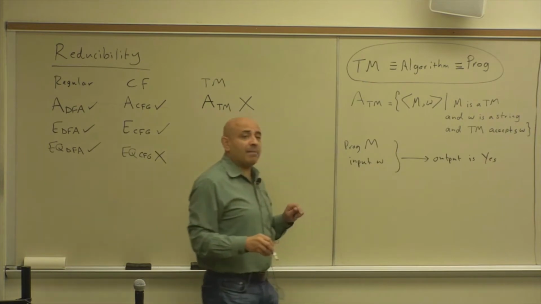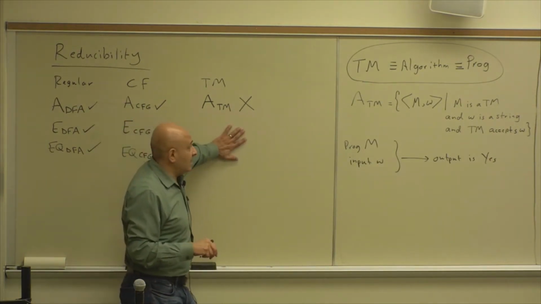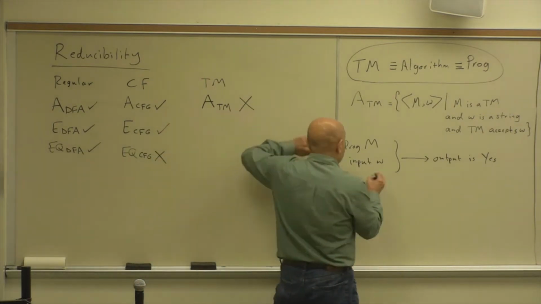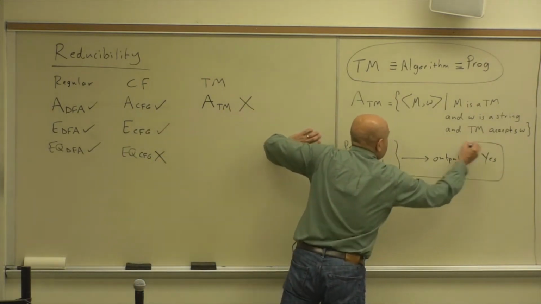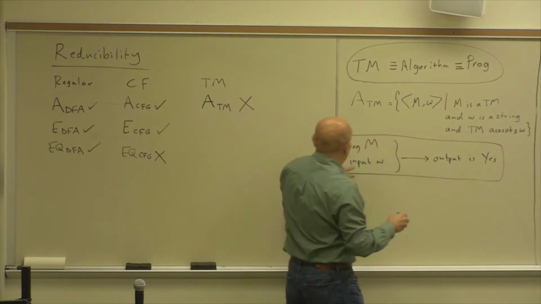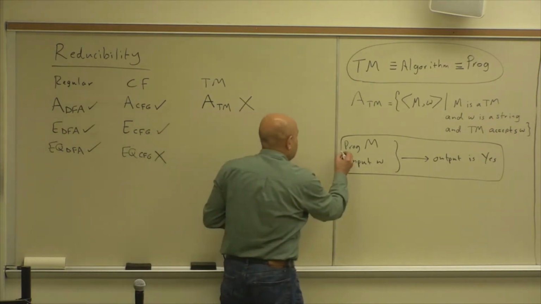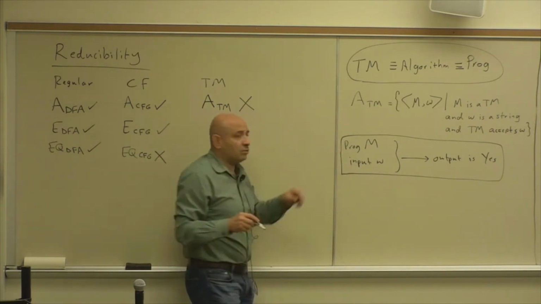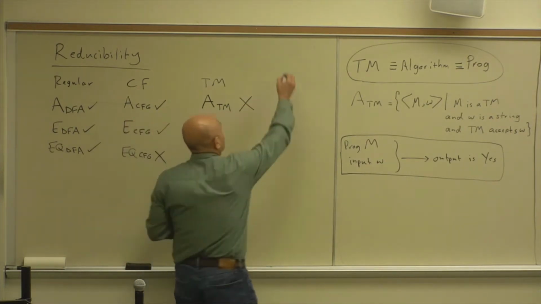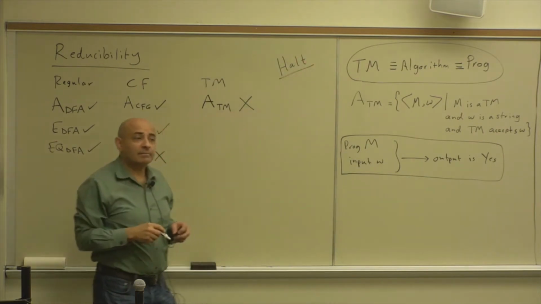Program M is a program whose output is either yes or no. And the objective of the analysis program is to determine whether program M will output yes if we input W in it. And as we will show today, the challenge in doing this is determining if M is going to halt on W or not.